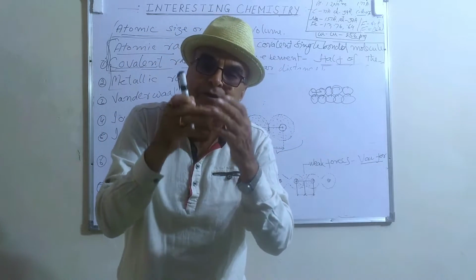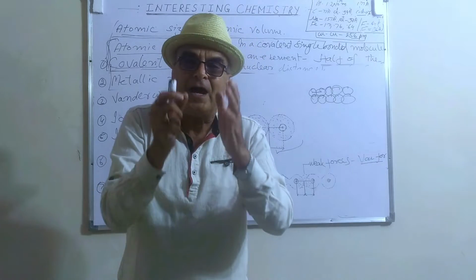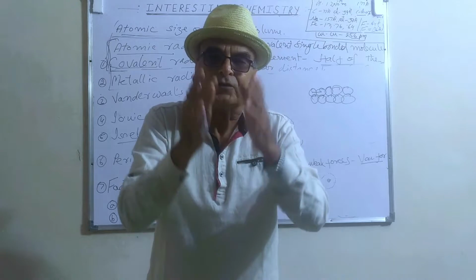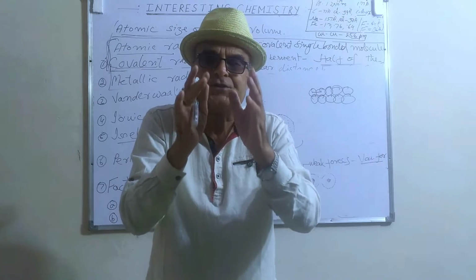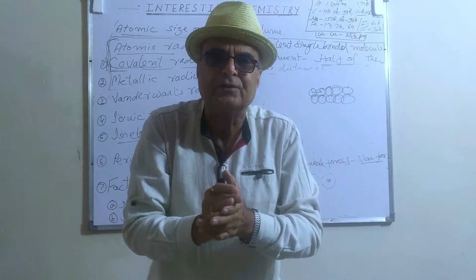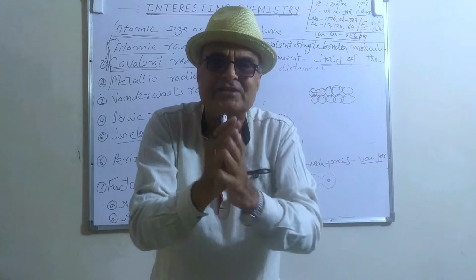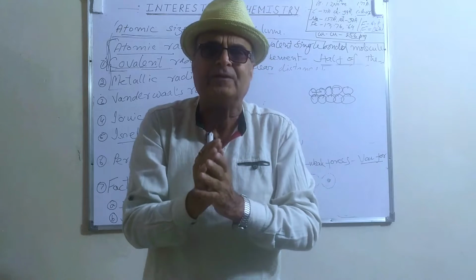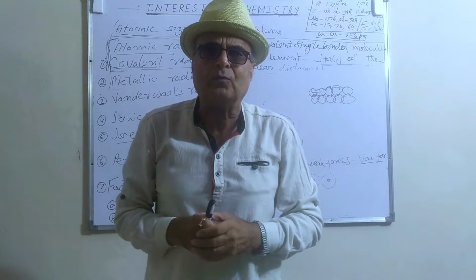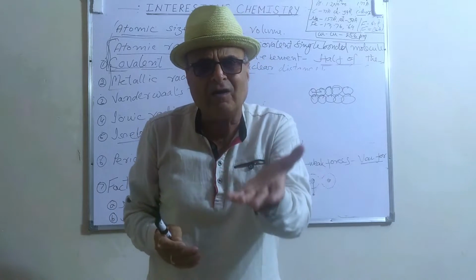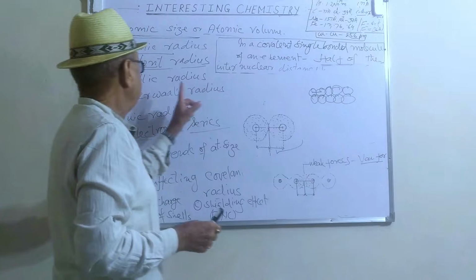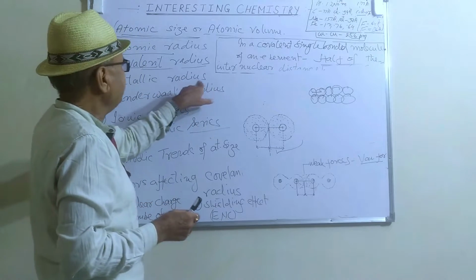In a metal crystal, half of the internuclear distance of two adjacent or closest atoms, separated by the core of the lattice, is called the metallic radius. So this was about the metallic radius.